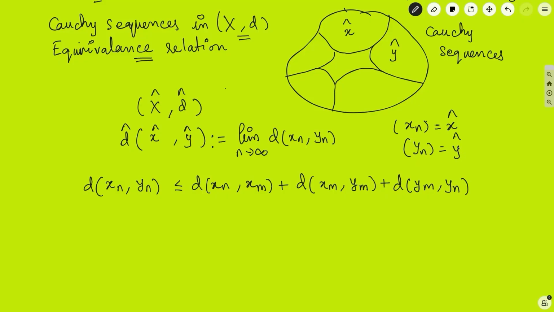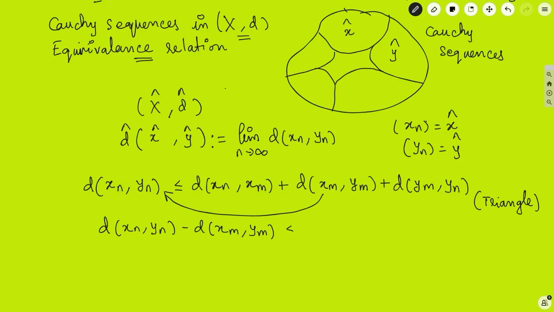This is just the triangle inequality. Let's bring this to the left hand side: d(x_n, y_n) - d(x_m, y_m) is bounded above by d(x_n, x_m) + d(y_m, y_n). Well, this is good.